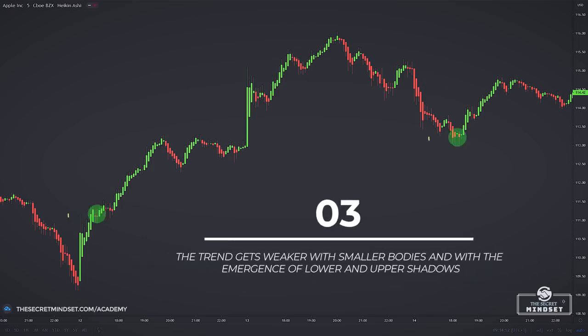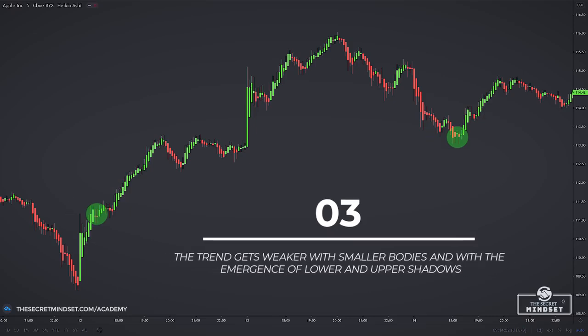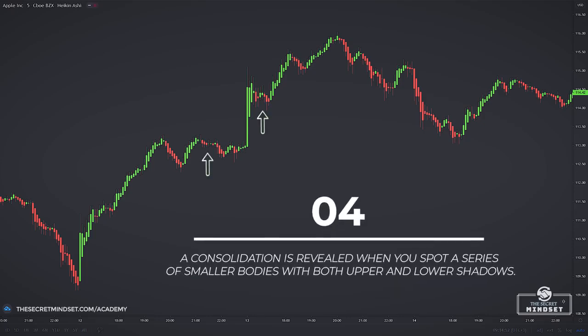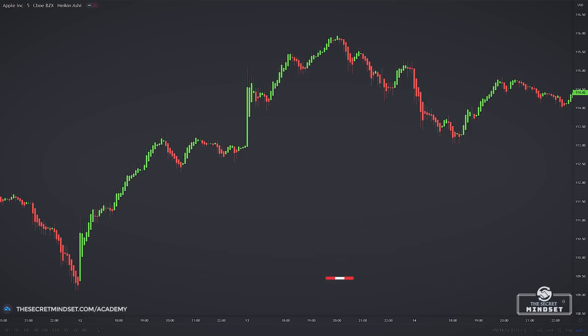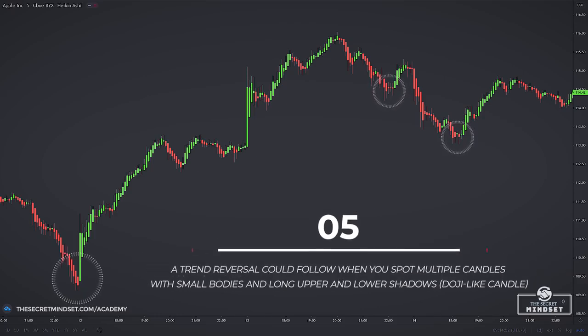The trend gets weaker with smaller bodies and with the emergence of lower and upper shadows. A consolidation is revealed when you spot a series of smaller bodies with both upper and lower shadows. And finally, a trend reversal could follow when you spot multiple candles with small bodies and long upper and lower shadows, or a sudden color change.